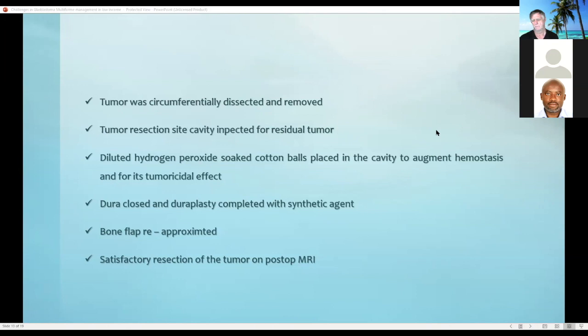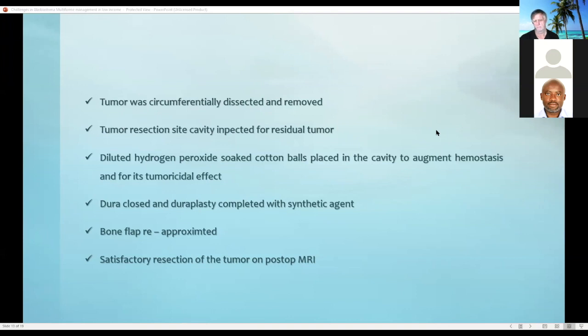The dura was closed, and the duroplasty completed with synthetic material, and the bone flap was re-approximated. Satisfactory resection of the tumor was seen on the postoperative MRI.